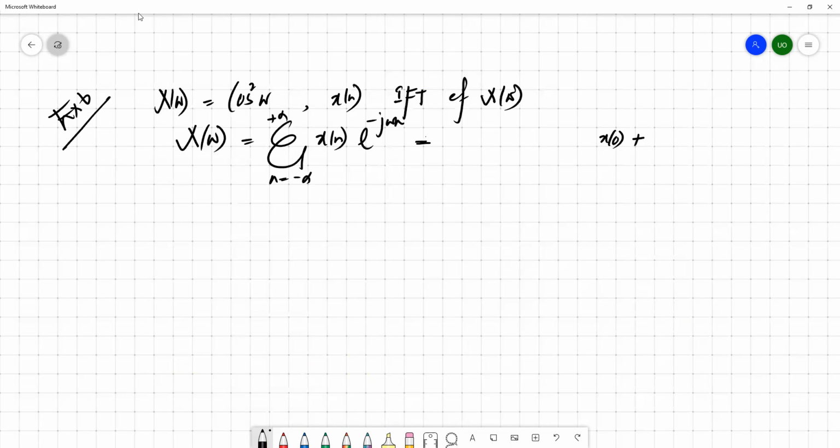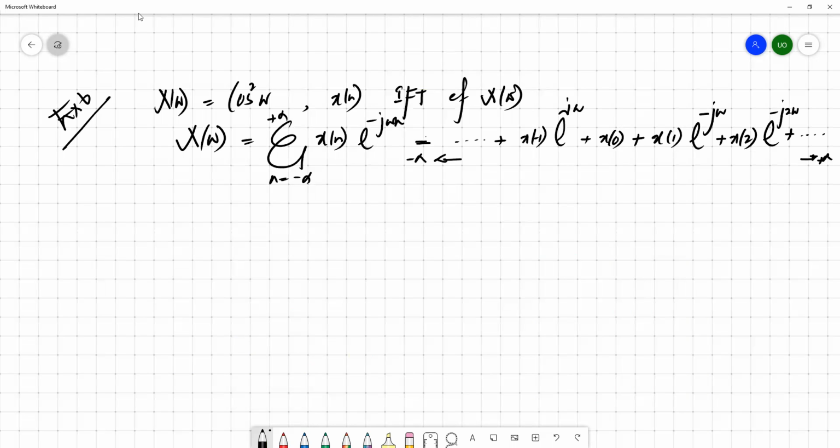Then n equals 1, we have x[1]; n equals 2, you have likewise, and so on, infinite terms. If n equals minus 1, likewise. Here you have minus infinity, and this goes to plus infinity. So this is the expansion of this infinite sum.